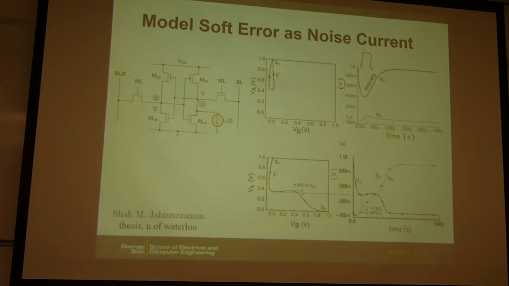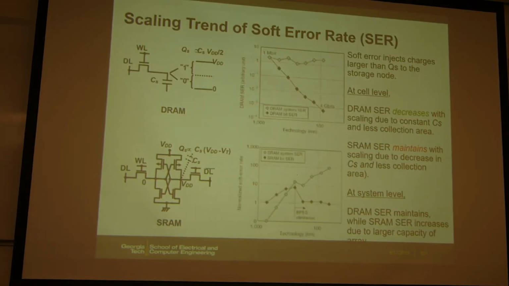But if the noise is too long or the amplitude is too large, then we will have this flipping. So this is similar to what we discussed about noise. You treat this radiation effect as a noise current. So what matters is the critical charge you need to dump into the node, or you need to discharge from the storage node. That will determine the error.